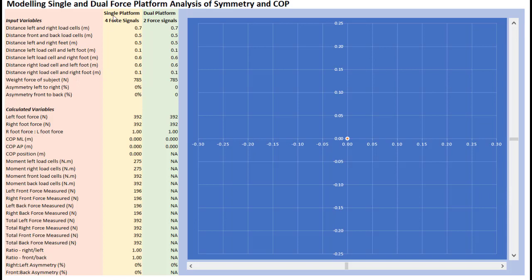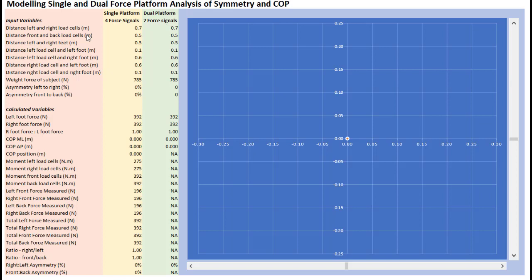So in other words, the single force platform has 4 force signals being measured. For the dual platform model, we have 2 force plates, but each one only has a single summed force signal here. So it only records a single force signal from each of the plates, so 2 force signals in total.